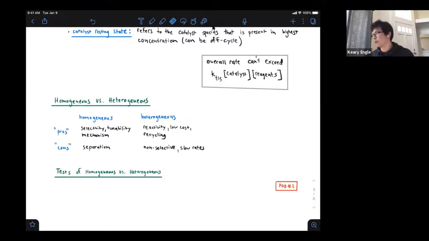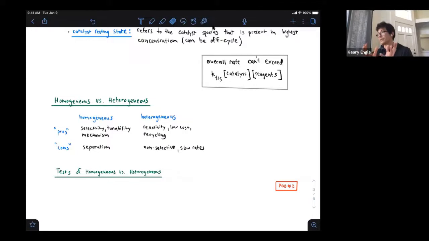overview level comparisons of a homogeneous process versus a heterogeneous process, both obviously have their uses. I think homogeneous processes benefit particularly now since Wilkinson's first discovery of triphenylphosphine as a supporting ligand for solubilizing metal and enhancing reactivity in the 60s. We benefit from this ability to actually tune catalytic processes rationally through ligand design.